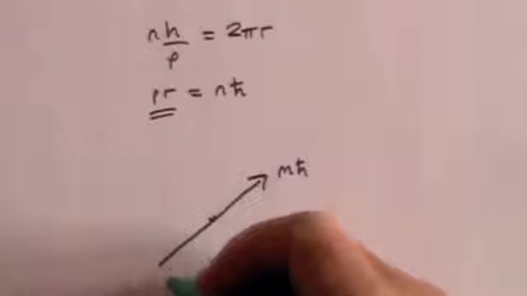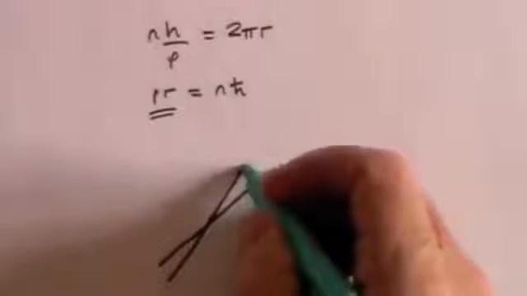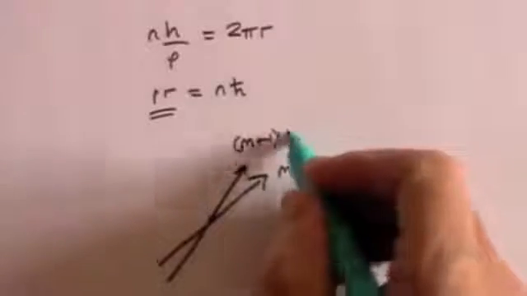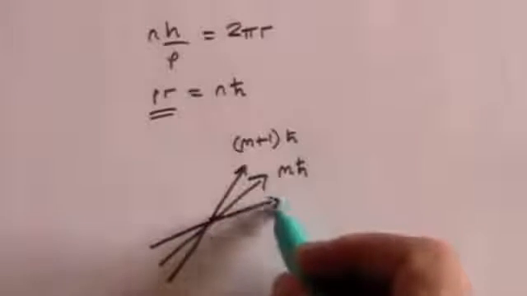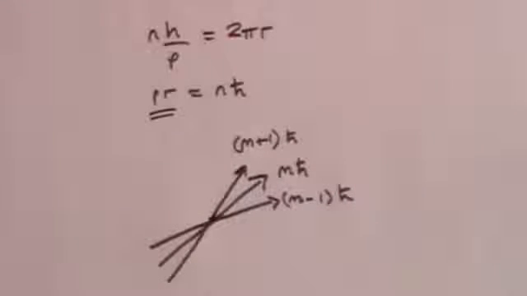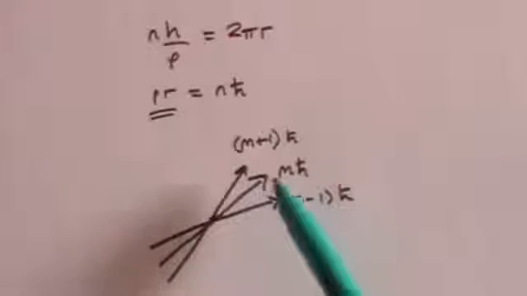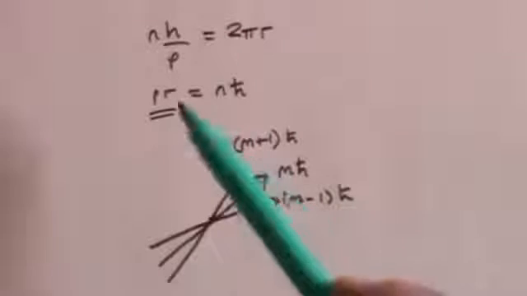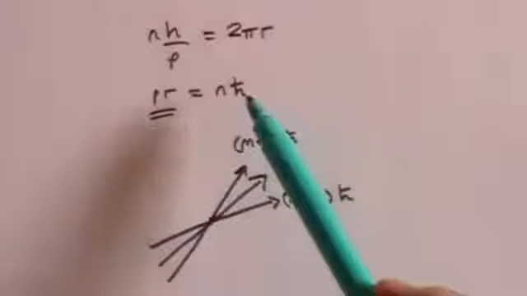Then if you give it a little bit more angular momentum, then it will have m plus 1 h bar, and if you give it less angular momentum, then it will be m minus 1 h bar. The key point being it cannot have any value between these. They are step changes because angular momentum comes in units of h bar.